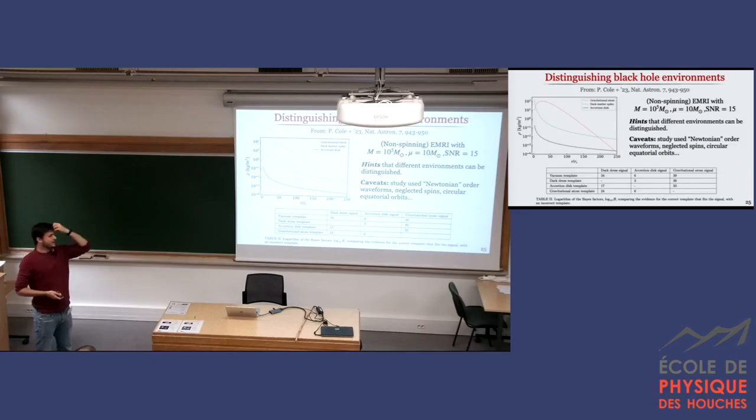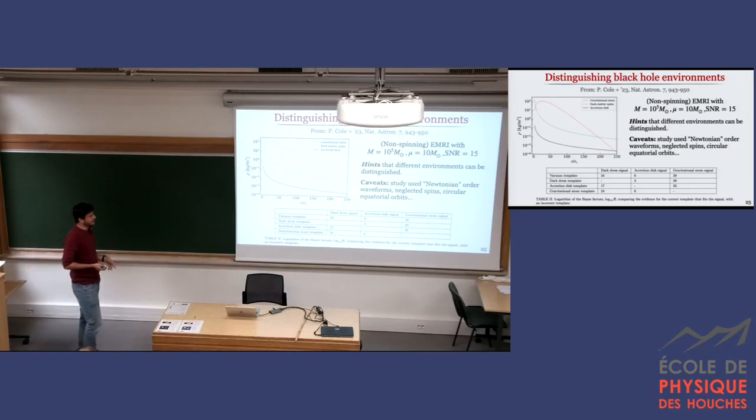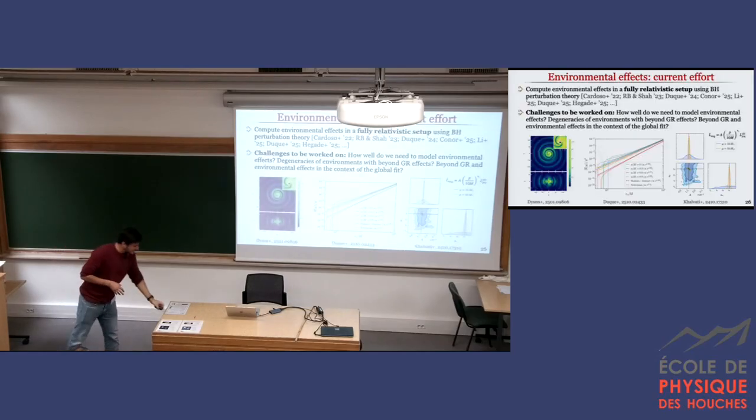This was a very rough study where they only used Newtonian order waveforms, neglected things like spins, and only considered circular or equatorial orbits, not including eccentricity. So I think this is an indication, but of course there's work to do in terms of understanding this more completely. And in particular, this is the last slide.